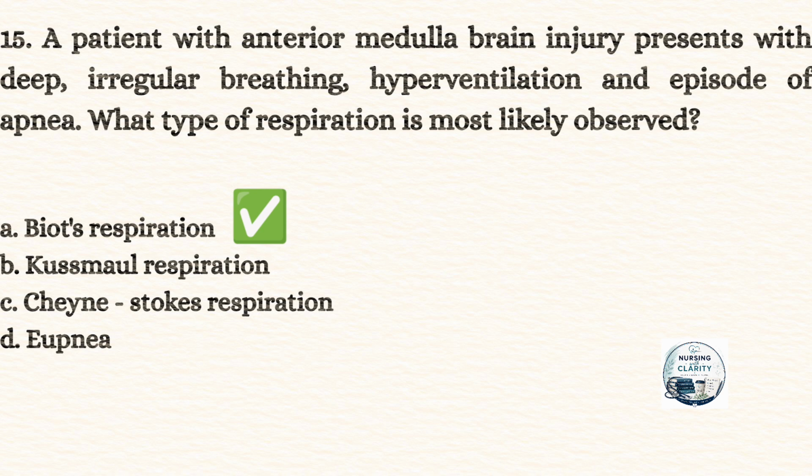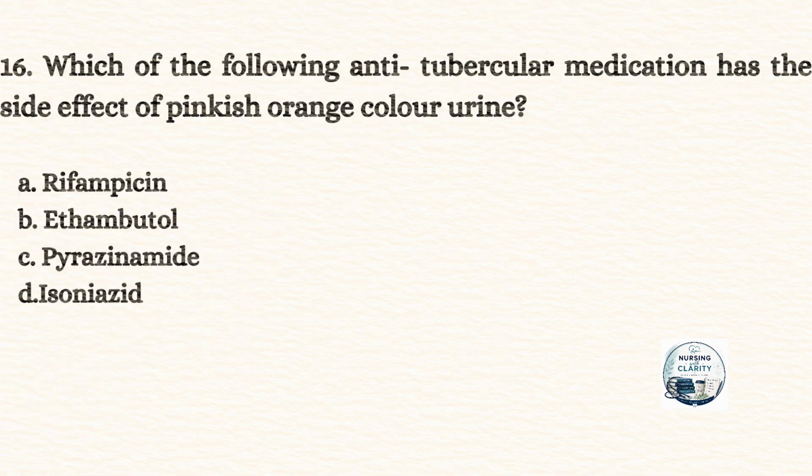Kussmaul respiration is deep and labored breathing, usually seen in metabolic acidosis. Cheyne-Stokes respiration has a gradual increase in depth of respiration followed by gradual decrease and then a period of apnea. Eupnea refers to normal, unlabored breathing.